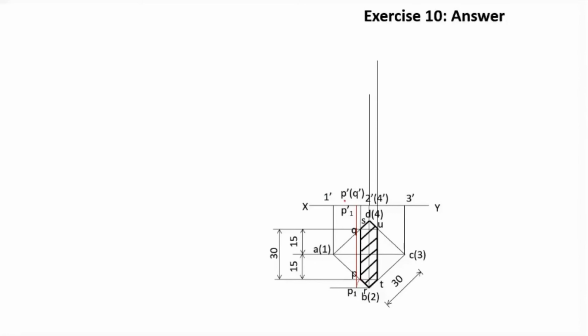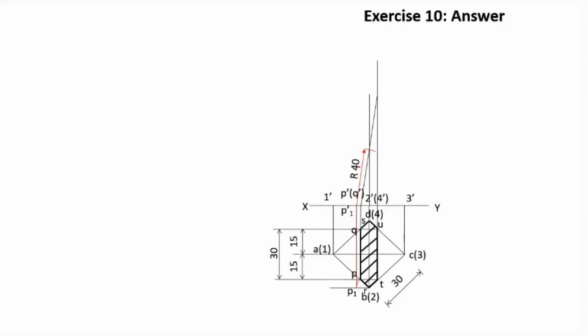So from P1 dash with a radius equal to 40 millimeter, we draw an arc on the projector through R dash, and this point is R dash.